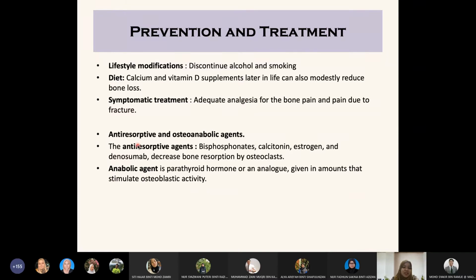And then if the bone resorption is increased in some patients, there are some medications that are anti-resorptive, like bisphosphonate, calcitonin, and estrogen, and sometimes they will be given anabolic agents. Okay, so these are the prevention and also treatment for osteoporosis.